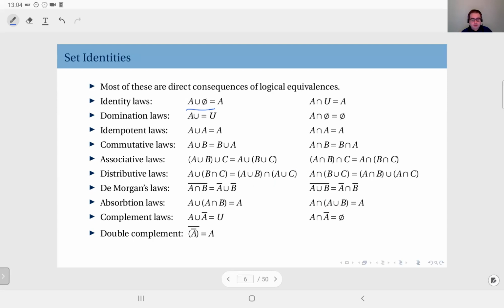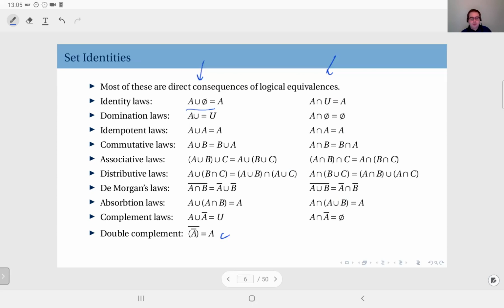So we have the identity laws. A union empty set is equal to A itself, and for each of these identities except for this one, we have what we call a dual. Usually on the left we have definitions based on union, and on the right hand side we have the identities based on intersection.